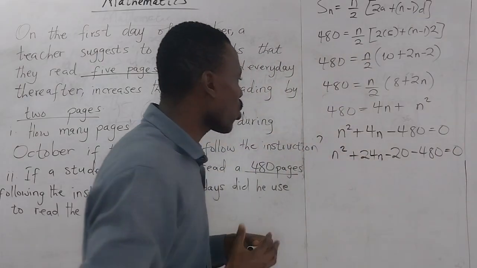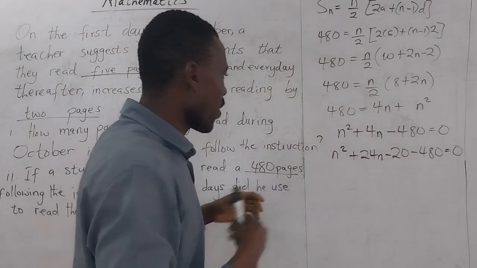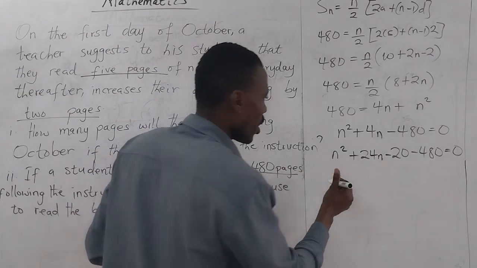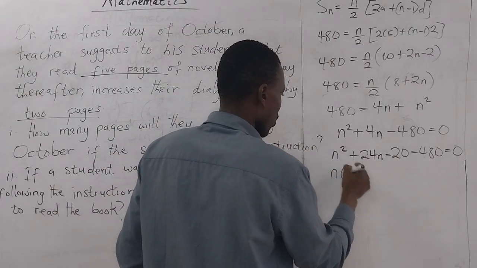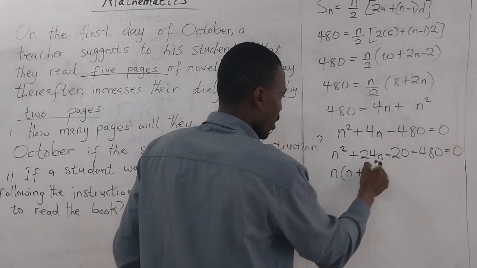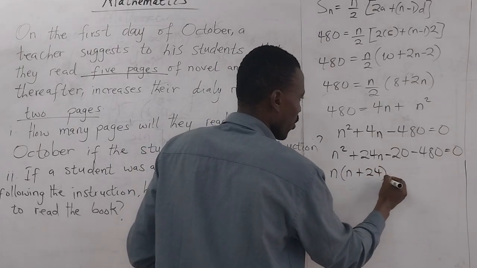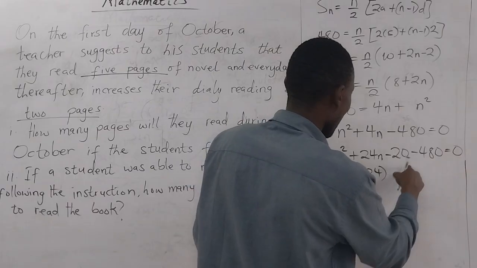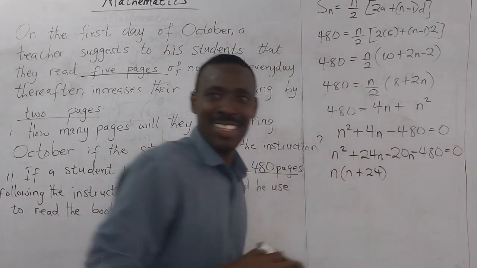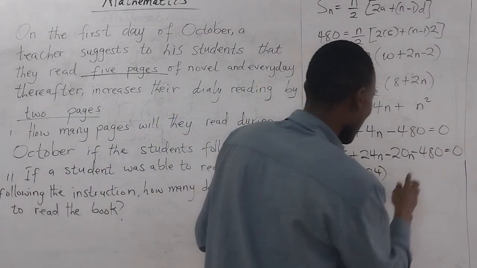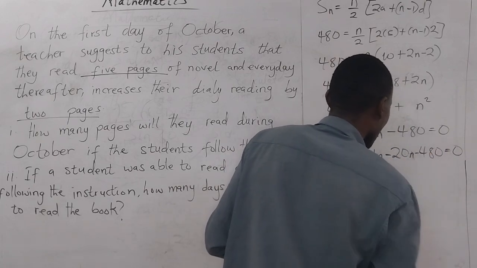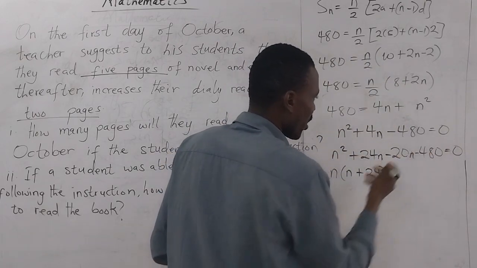Now let's take 2 of the terms at a go and factor out some common terms. You see n is common here, so let's factor n out. You'll be left with n plus 24. Now let's factor some common terms out here.